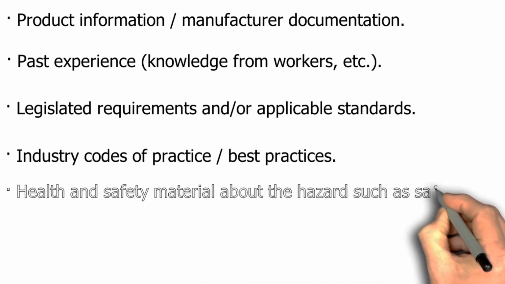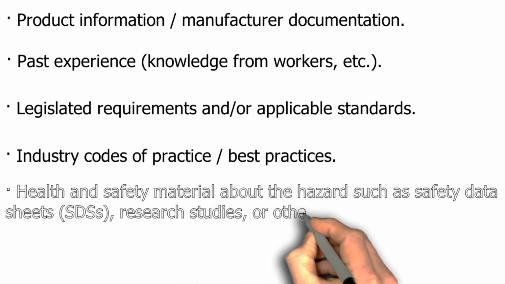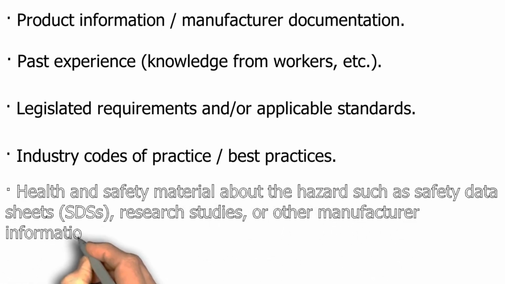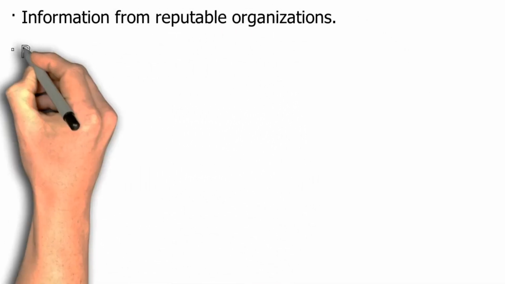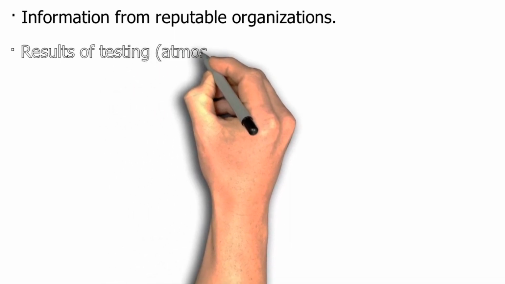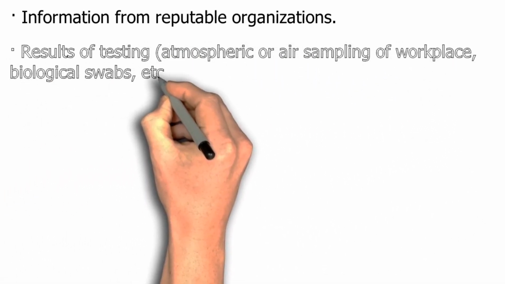Health and safety material about the hazard, such as safety data sheets (SDSs), research studies, or other manufacturer information. Information from reputable organizations. Results of testing, atmospheric or air sampling of workplace, biological swabs, etc.